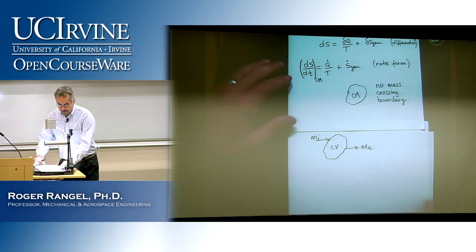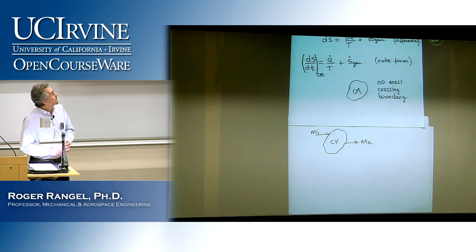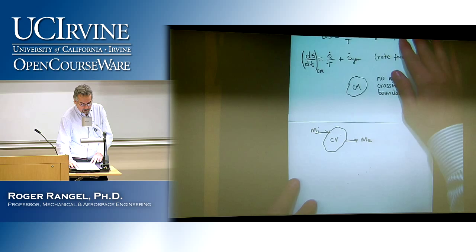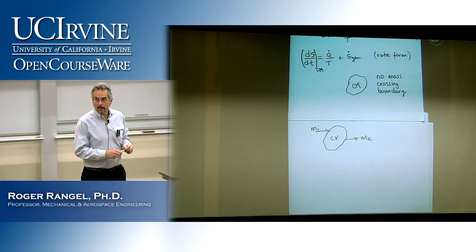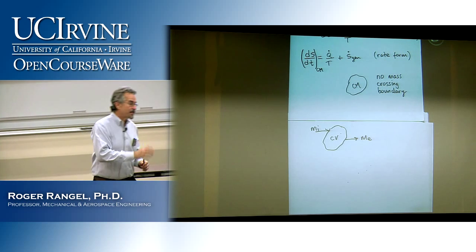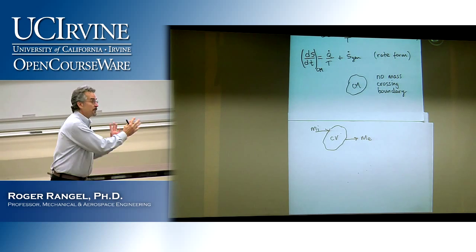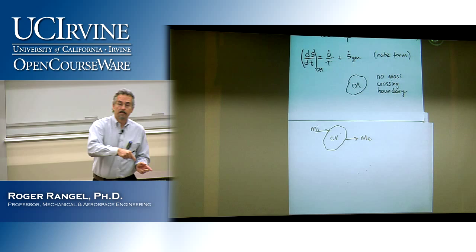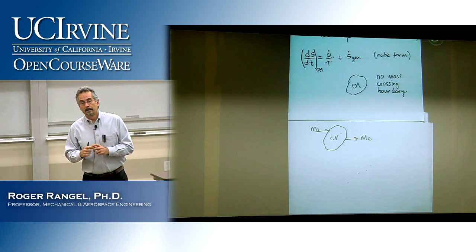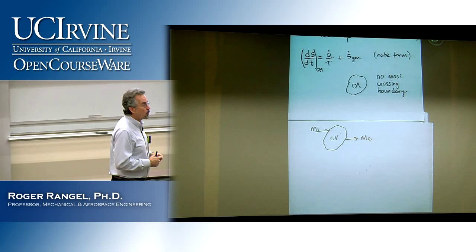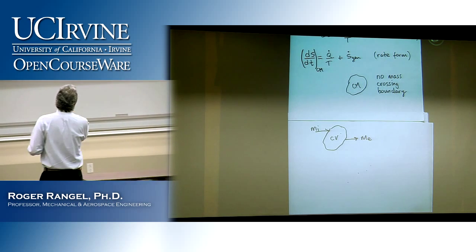And the modification is actually very easy, because it's simpler than the one we had to introduce when we were looking at the first law, and we had to modify the first law that we had obtained for a control mass, modified for a control volume. We had that additional work term called the flow work. In this case, we don't have such a thing.